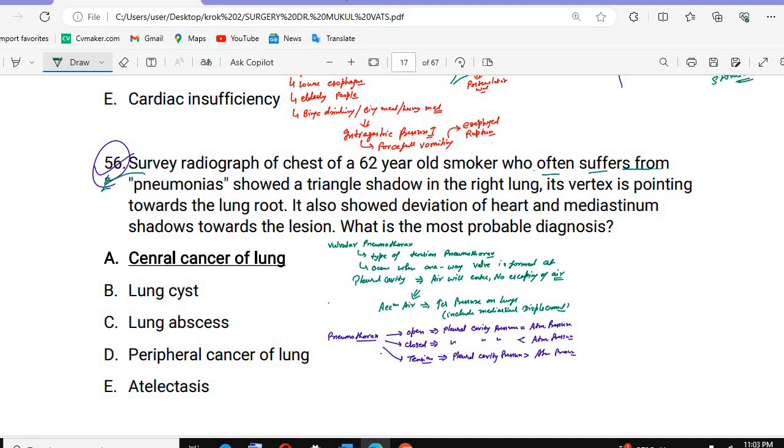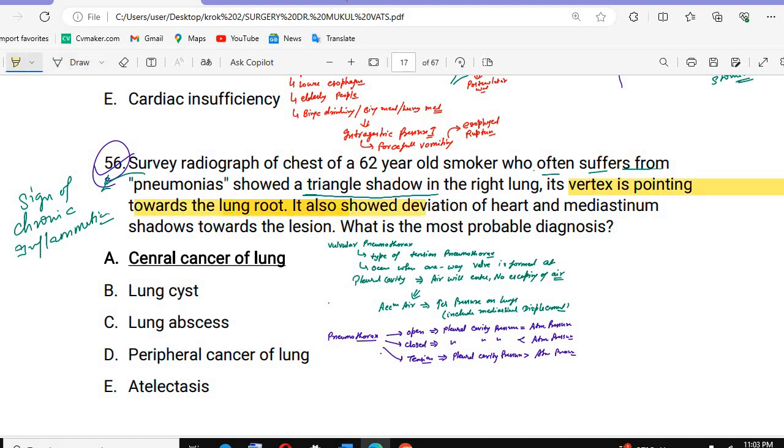This recurrent pneumonia can be a sign of chronic inflammation, and chronic inflammation increases the risk of cancer in these patients. They showed a triangle shadow in the right lung, its vertex pointing towards the lung root.